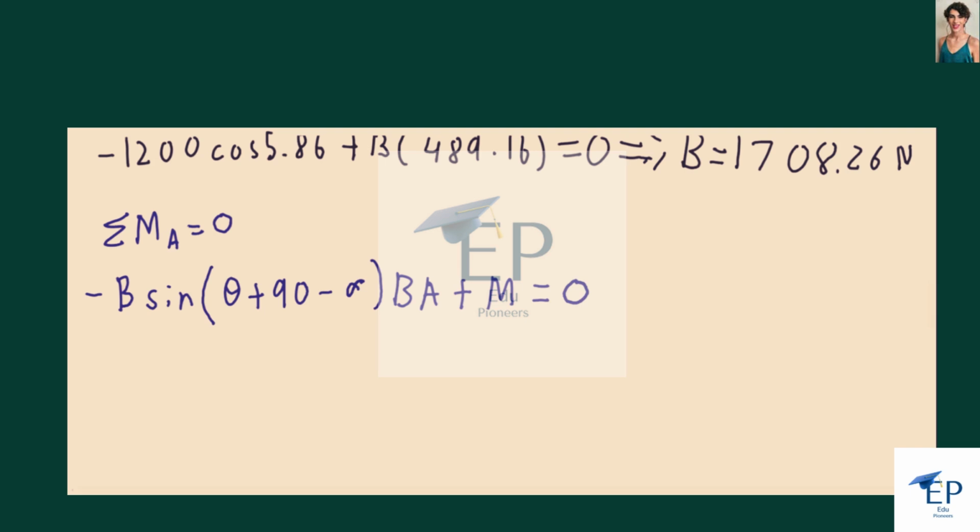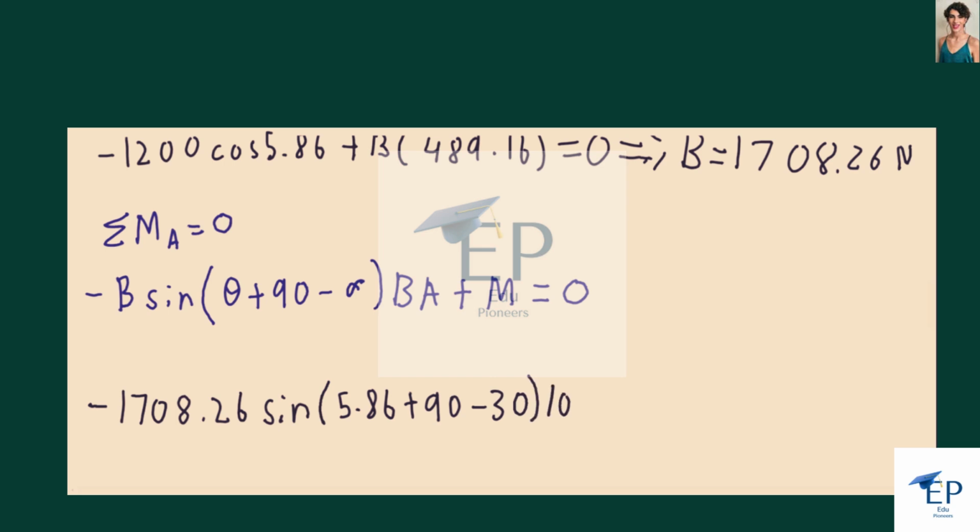So now you plug in the known terms. So we have negative 1708.26 times the sine of 5.86 plus 90 minus the given angle alpha, multiplied by 100, plus M is equal to 0.